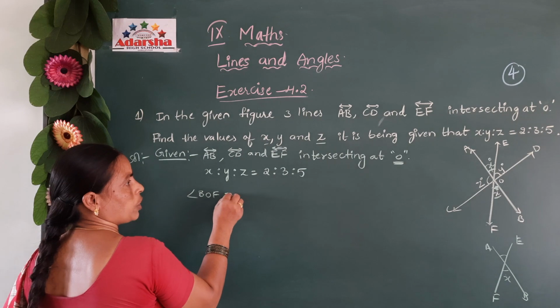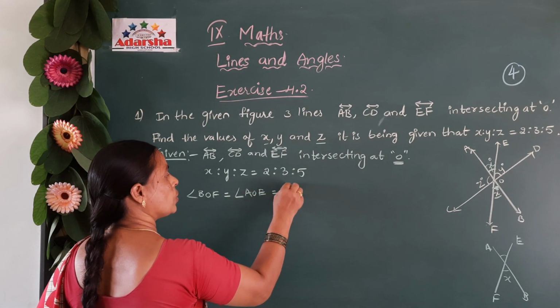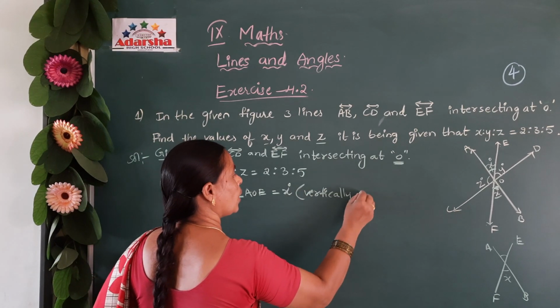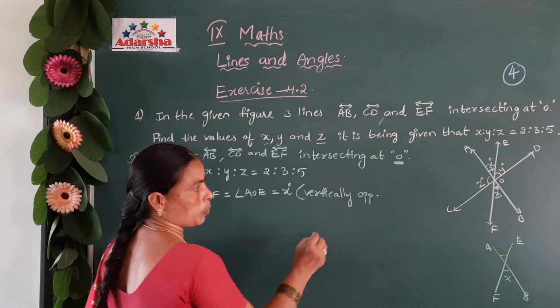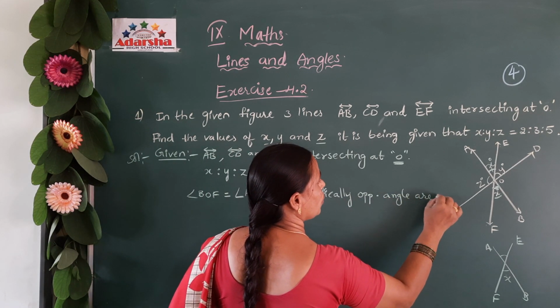So angle BOF is equal to angle AOE is equal to x degrees. Vertically opposite angles are equal.